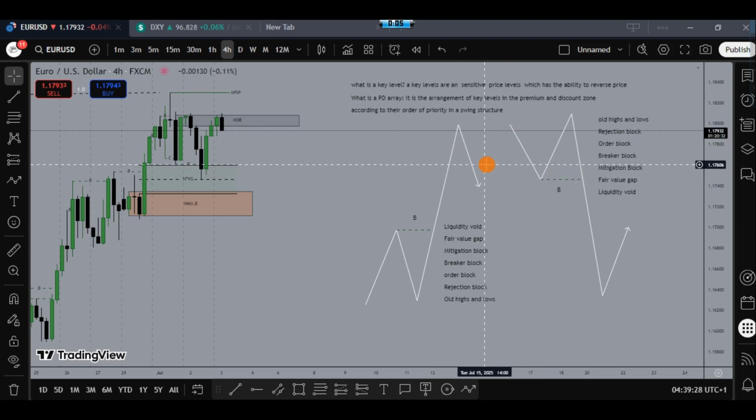Okay. So, but what is a PD array? A PD array is the arrangement of these key levels in the premium and discount zone according to their order of priority in a swing structure.